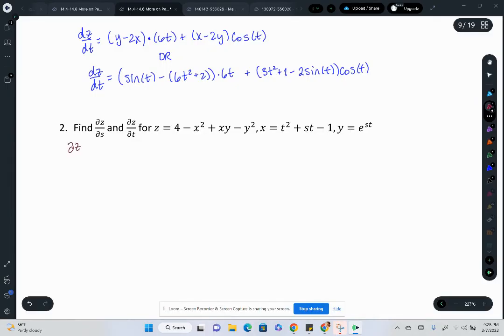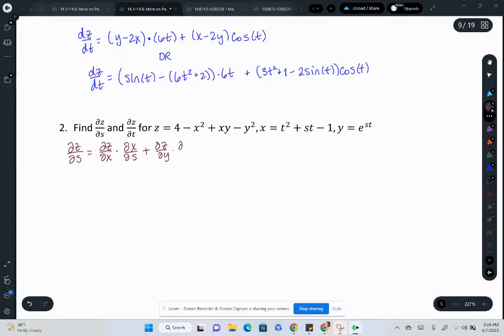So del z/del s is going to be a sum of the branches, okay? We'll start down the x branch, so we'll get del z/del x, and then on the x branch we go down to s, so we need a del x/del s. Then we add the second branch, going down y, we get del z/del y.